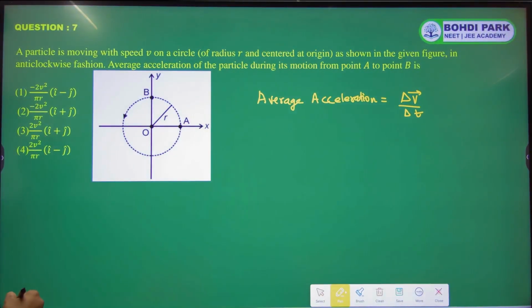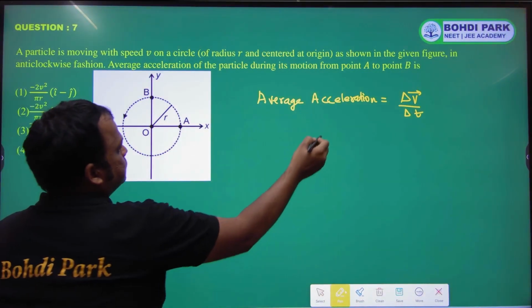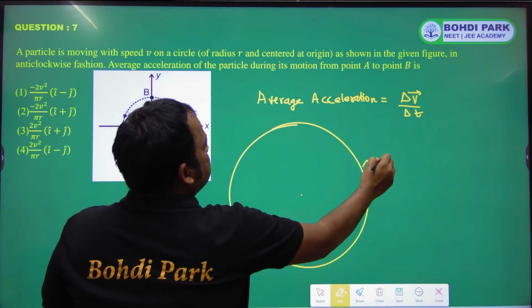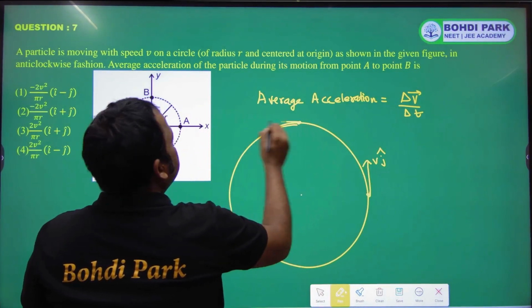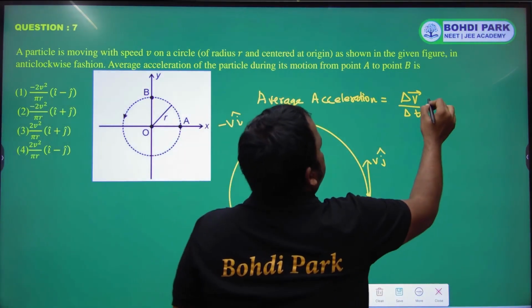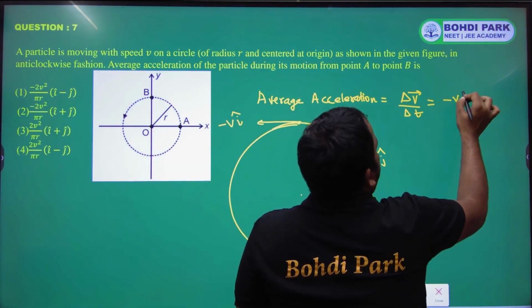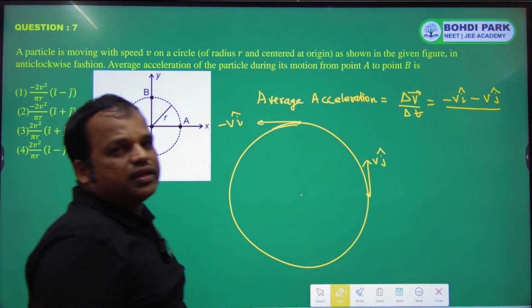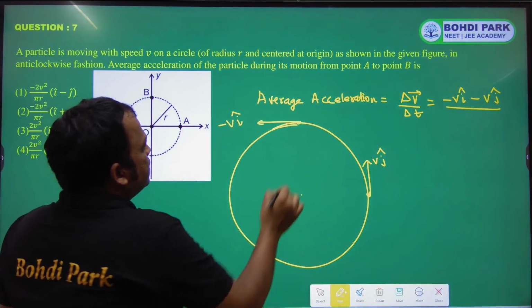Now it is going from A to B. So at A the velocity is v j cap. At B velocity will be minus v i cap. So change in velocity is minus v i cap minus v j cap. Now time taken, it is a quarter circle.